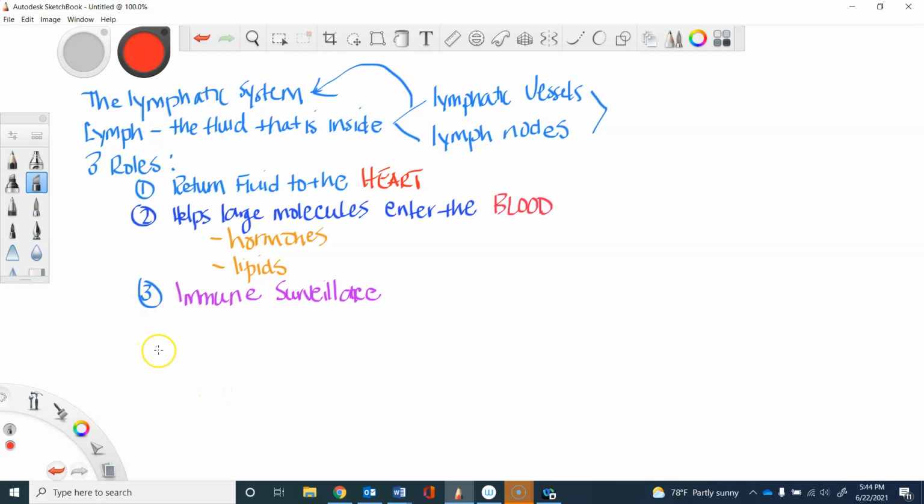So if we look at where all this is coming from, if I have my heart, blood is going to leave the heart and go through a bunch of distributing arteries, and eventually it's going to enter arterioles that are going to feed into capillary beds.